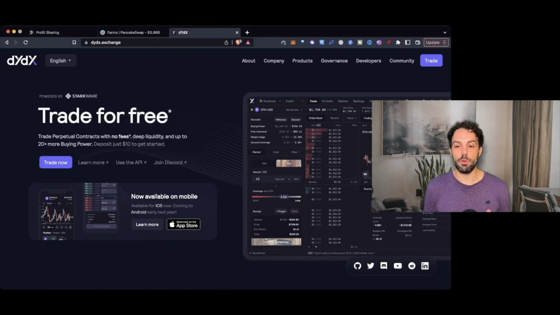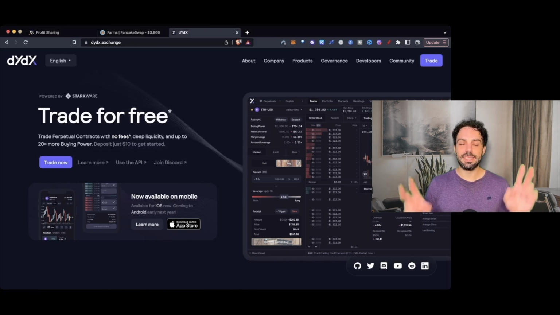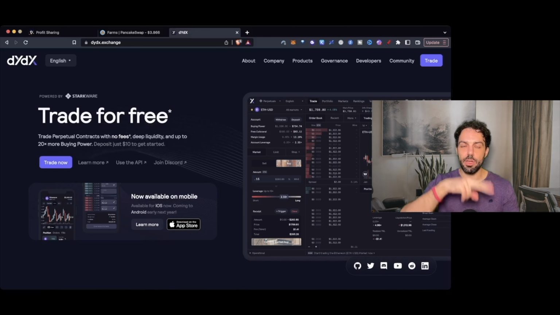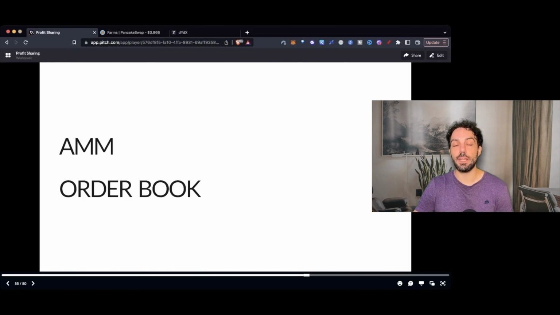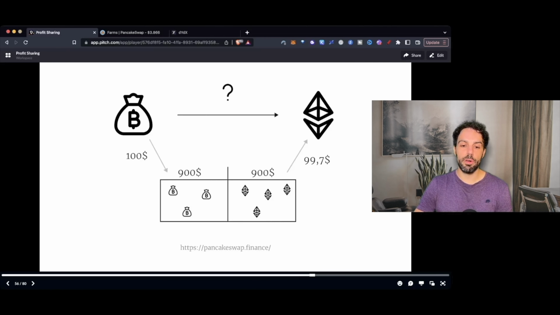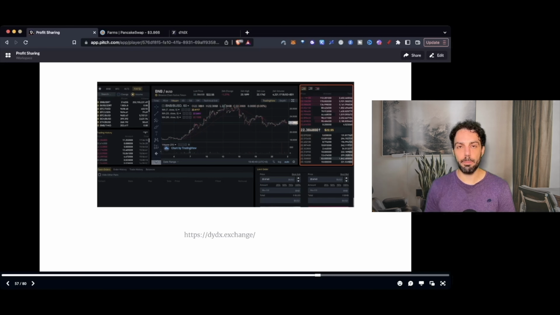So you are not owning for real the token that you are trading, but you are just using something that is representing the value that is following the price of that asset. Right now, as I was telling you, most of the decentralized exchanges are using an AMM model for the simple reason that right now it is still more efficient in terms of scalability and also in terms of cost.